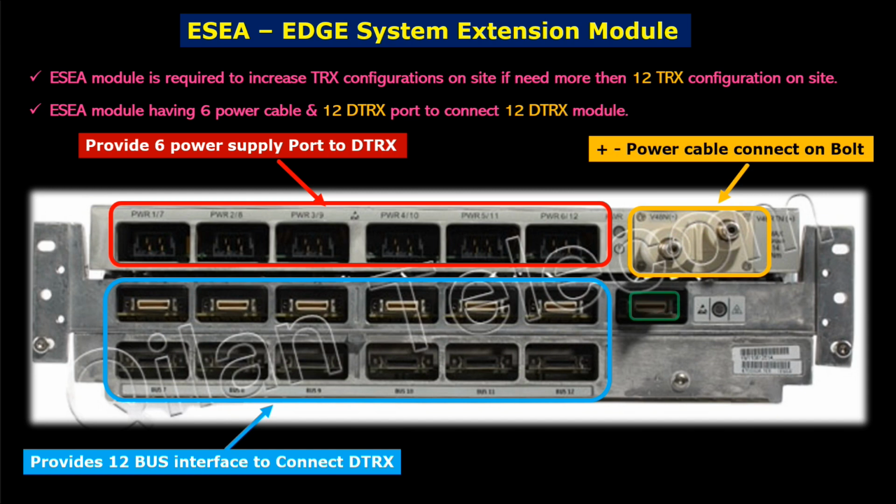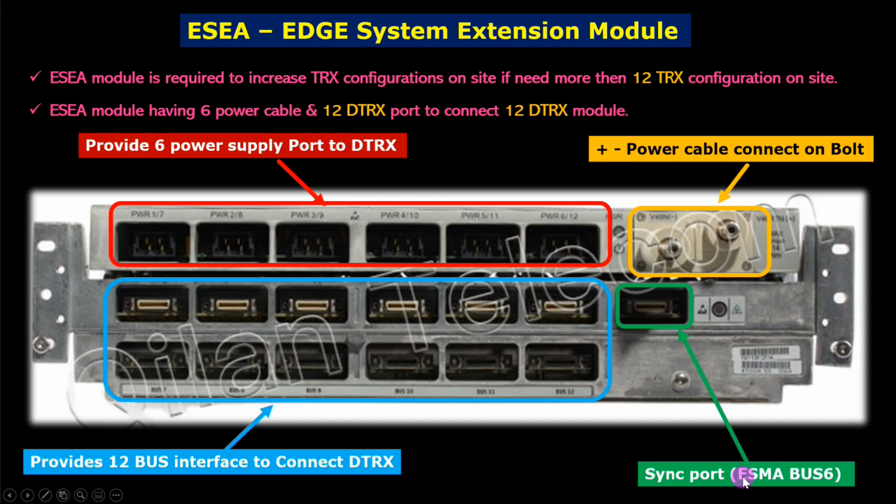The ESA card also has a sync port, so here we have to connect a bus cable from ESMA, and in ESMA we have to use bus number 6. We connect it to the sync port using the bus cable.